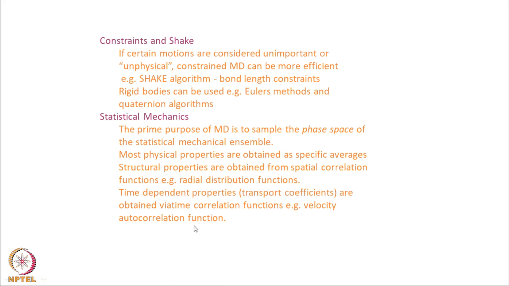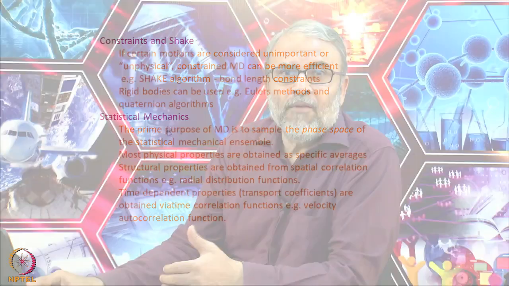So, what I shall do in the next class, I will define the radial distribution function as well as the time correlation function. I will describe algorithms to calculate it, and once we describe the algorithms to calculate it, we will also use them to calculate average quantities of a lot of interesting properties.